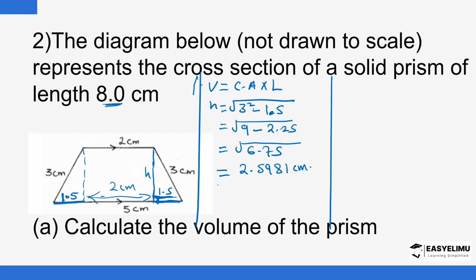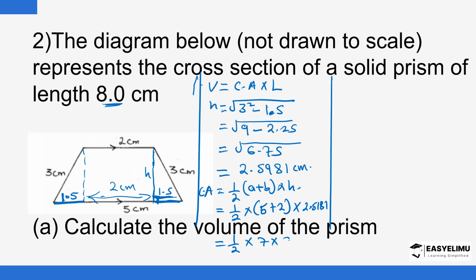Therefore, the cross-sectional area will be a half, because this is trapezoidal, times a plus b times height. So this will be a half times a plus b, which is 5 plus 2, and the height is 2.5981. So that is a half times 7 times 2.5981.